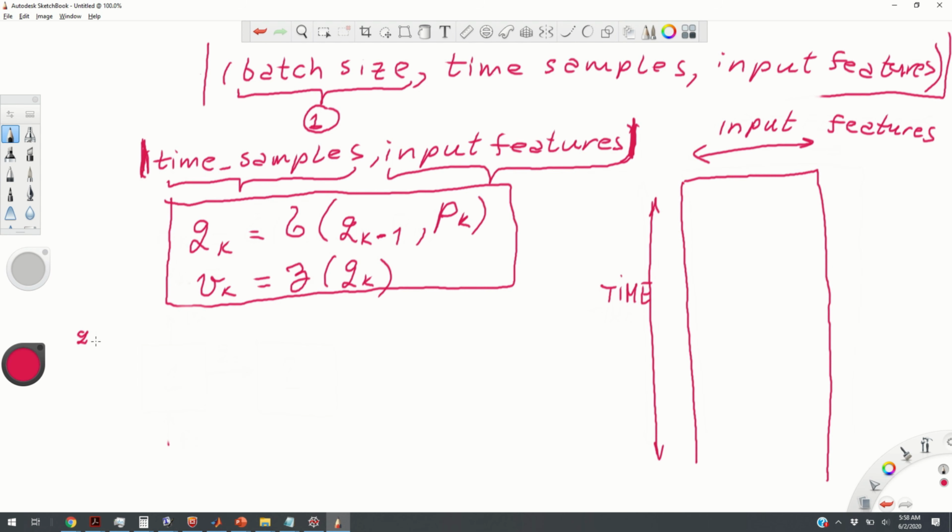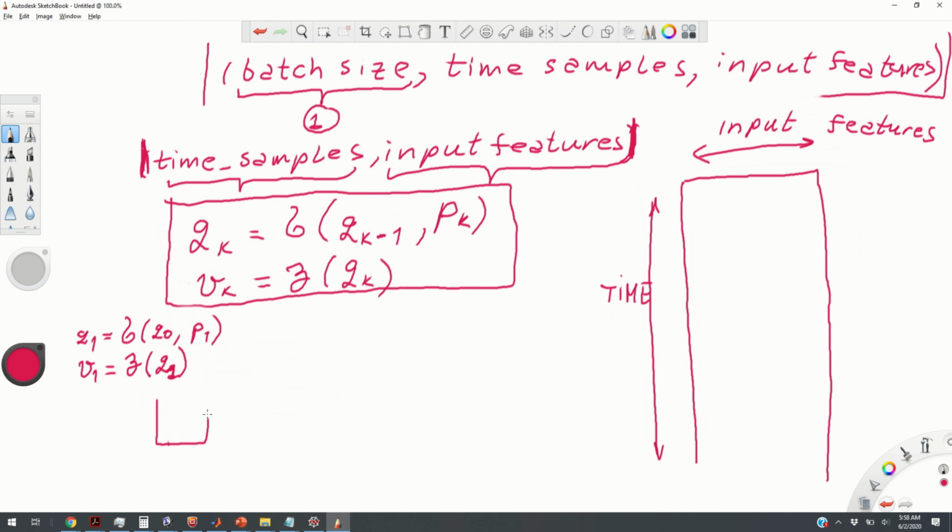You have that q1 is an activation function that depends on q0 and p1. And the output at time instant 1 is an activation function, beta, that depends on q0, and 1 in this case.